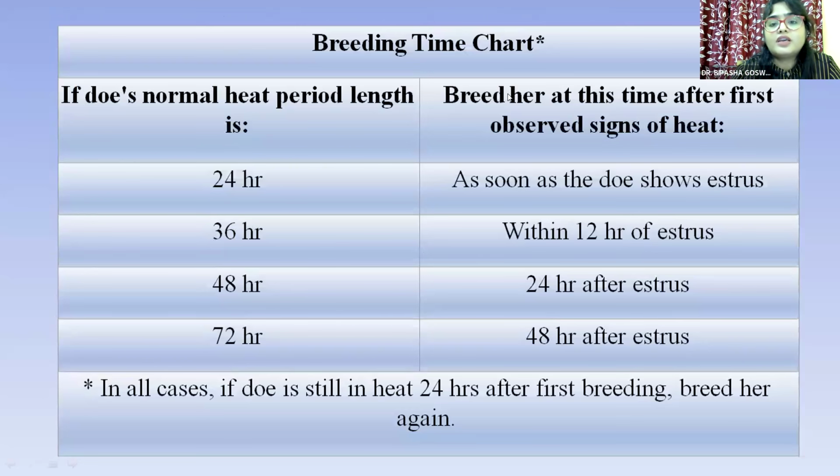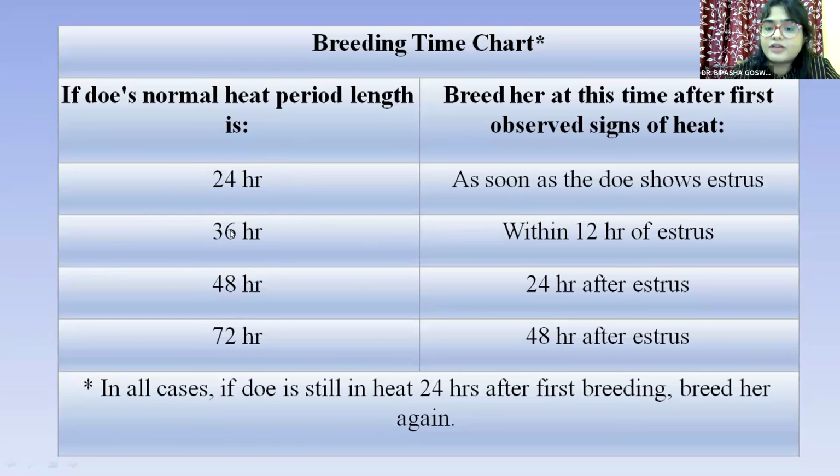Here I have given the breeding time chart. We all know that the estrous cycle of goat is 21 days, but different animals show different heat periods. Sometimes it is 24 hours. If it is 24 hours, then we have to breed the animal as soon as the doe shows estrus.